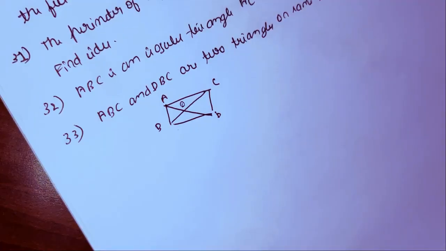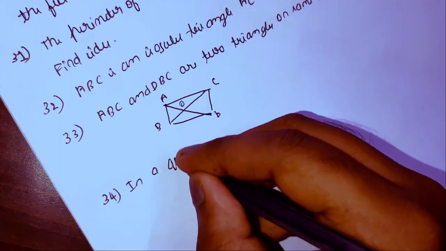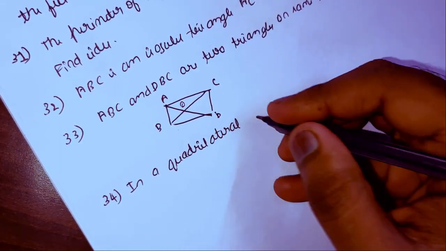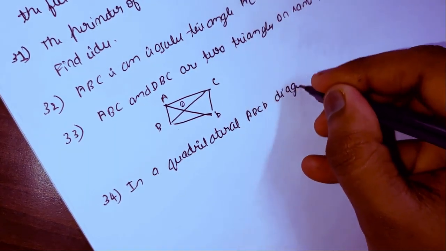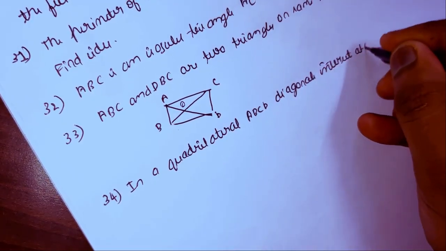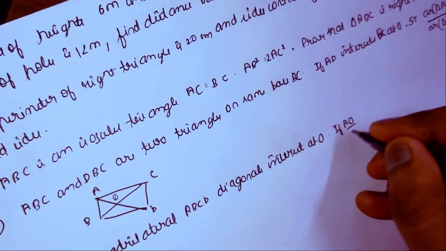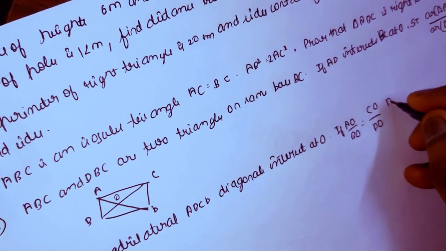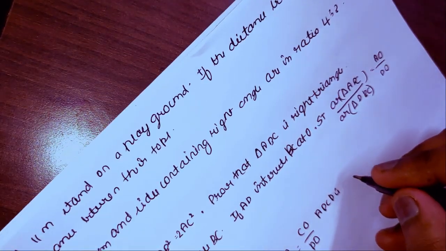34th question. In a quadrilateral ABCD, diagonals intersect at O. If AO by BO is equal to CO by DO, prove ABCD is a trapezium.